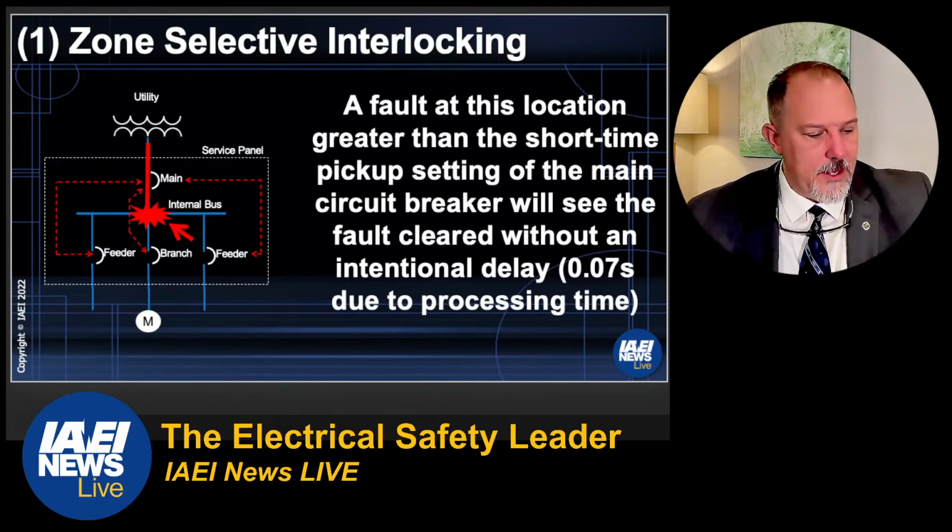So, okay, and now why does time matter? Let's just talk about that. I want to help you understand why time matters. What do we know about incident energy? We know that I have an arcing current, and I calculate that arcing current based upon IEEE 1584. So I go in to IEEE 1584 based upon the available fault current, based upon the configuration of that equipment, the spacing of the electrodes and all that jazz.